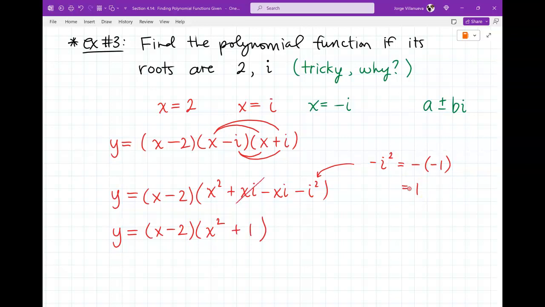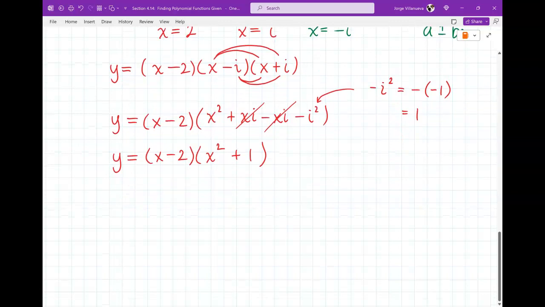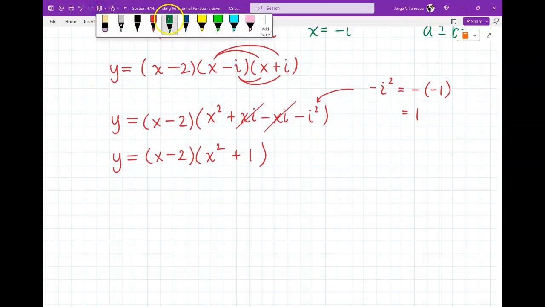Remember, this will cancel right here. So minus an i squared is minus a negative 1, or minus times a negative 1. So that becomes a positive 1. And notice I don't have a 3 by 2. I still have a 2 by 2. So my multiplication is going to be easier.